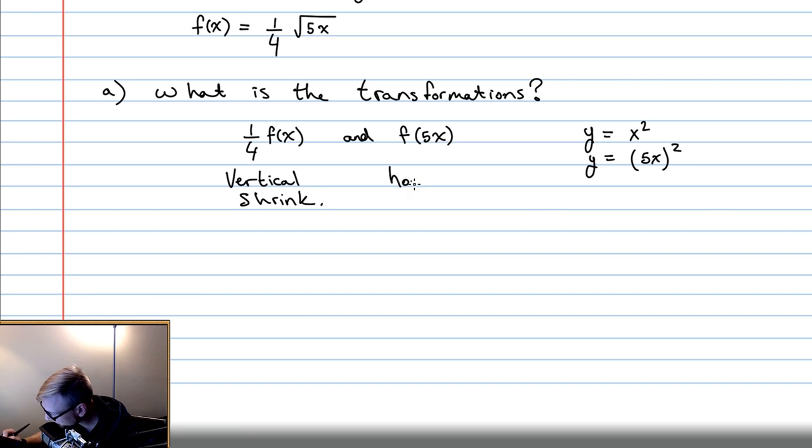I think I did a post on this, didn't I? Function shifts.